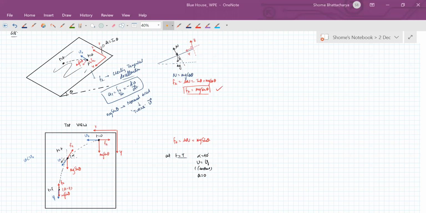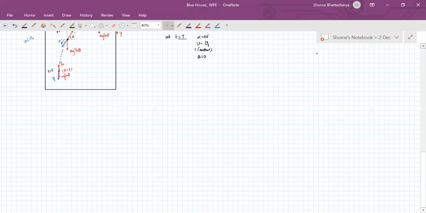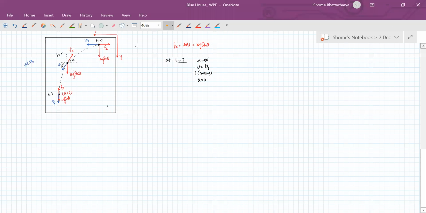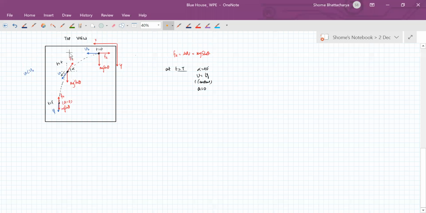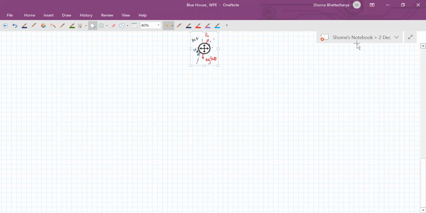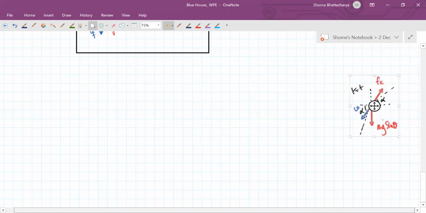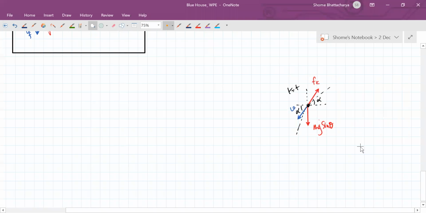So the instantaneous, in between time t equal to t, let's analyze the free body diagram of that one, this one. So this free body diagram, let's see how we can analyze it in more detail. So there are a couple of ways we can interpret this. Okay, one is we can interpret this in terms of these axes.